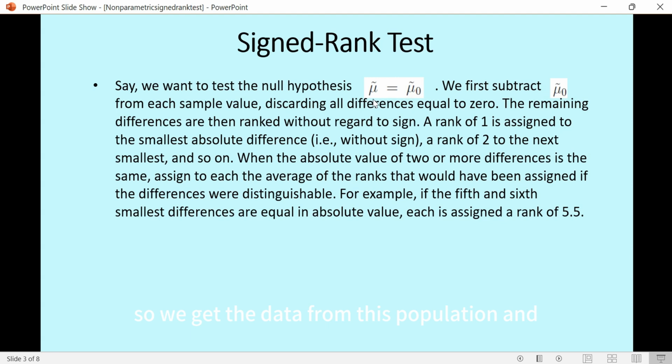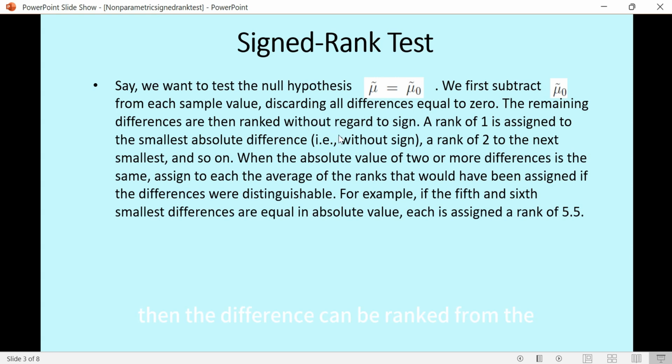We get data from this population and test whether the median equals a pre-specified value. Then we can subtract this value from all the samples, and we get the difference for each sample.